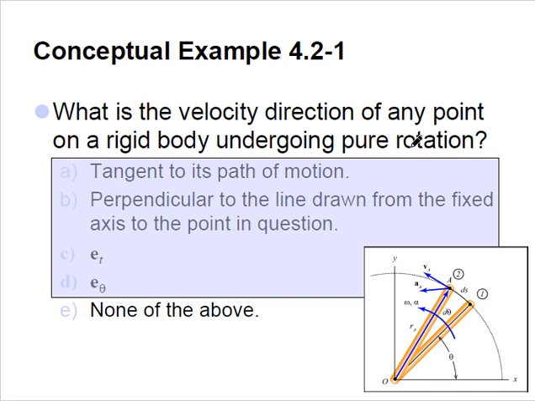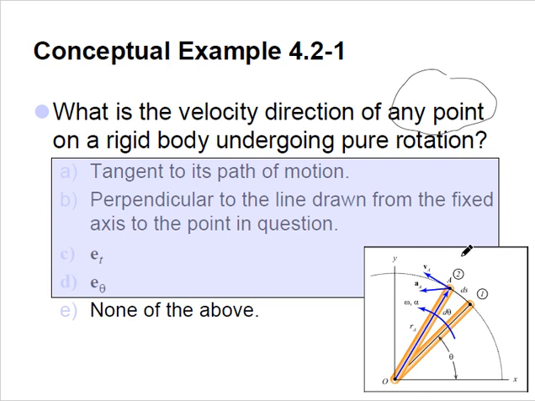The question is talking about pure rotation, and every pure rotation is happening on a rigid body, and we are already analyzing the point on that body. So it's asking you what is the velocity direction of any point. One is the direction of the velocity tangent to its path of motion.